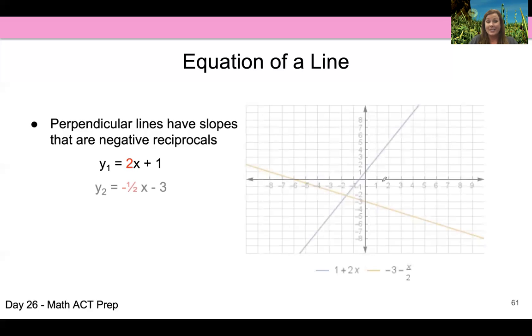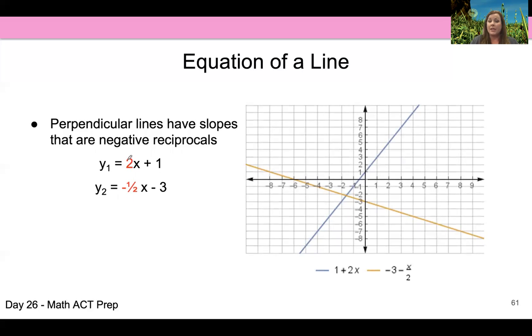No, I didn't. What I would do is, if this is my first one, y1, that has a slope of 2/1, the slope of any line perpendicular to it, I'm going to flip the fraction and change the sign. So any line perpendicular to y1 has to have a slope of -1/2.